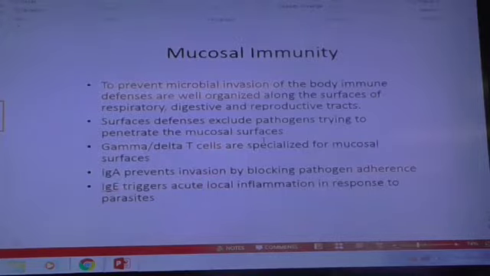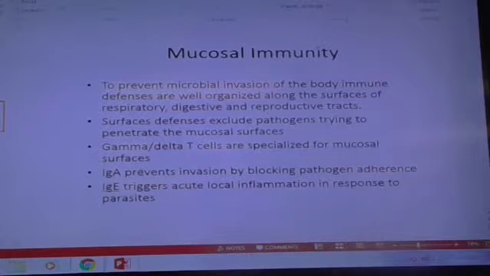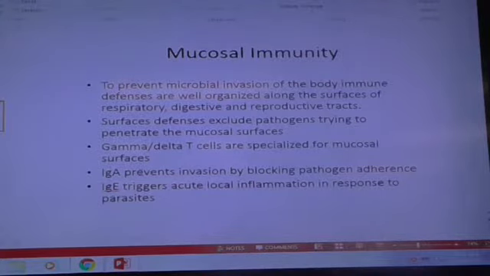but then there is an exception. We said ruminants also have more gamma delta type T lymphocytes even in the blood. That's an exception for ruminants. The immunoglobulin IgA protects the mucosal surfaces. You remember that it's a secretory IgA, dimeric. It also has that secretory component, and that's the immunoglobulin mainly involved in protection of the mucosal surfaces. Again, the exception is ruminants.